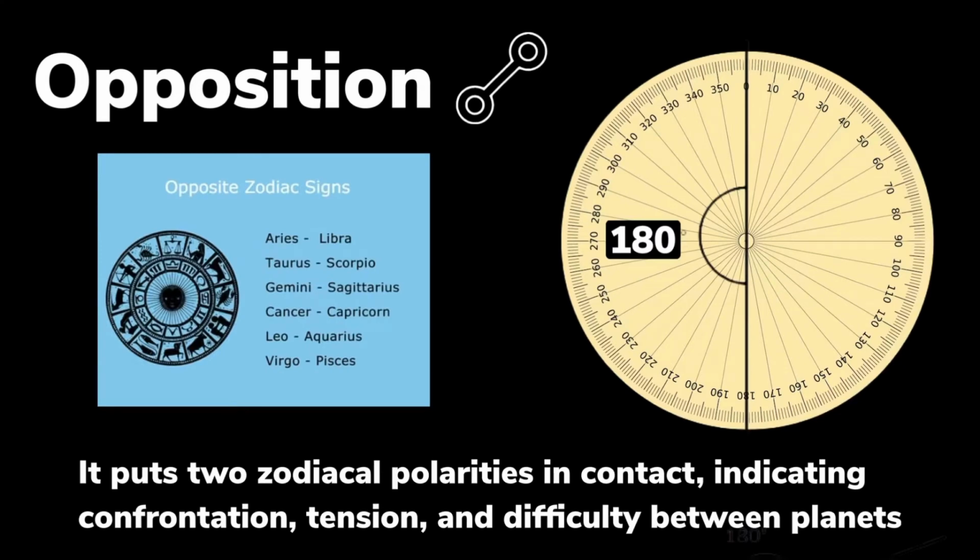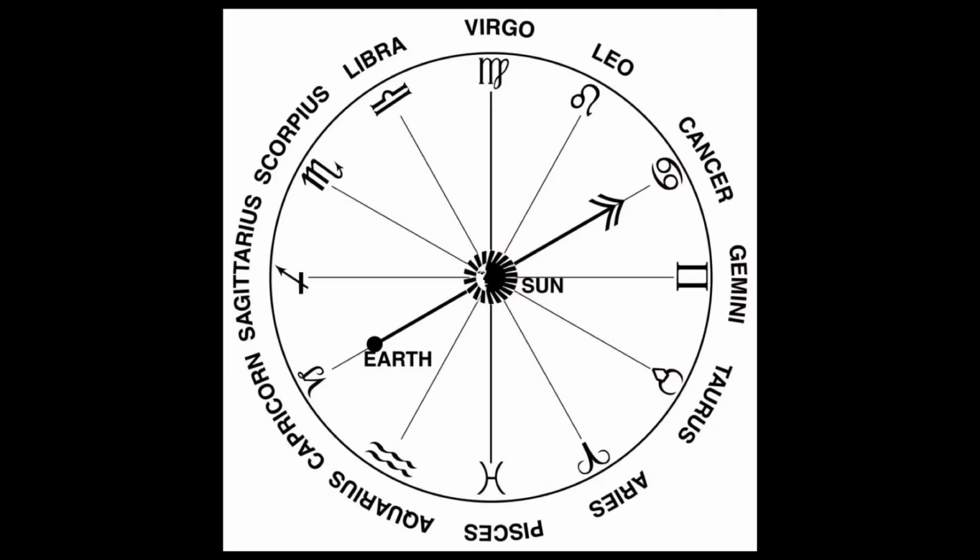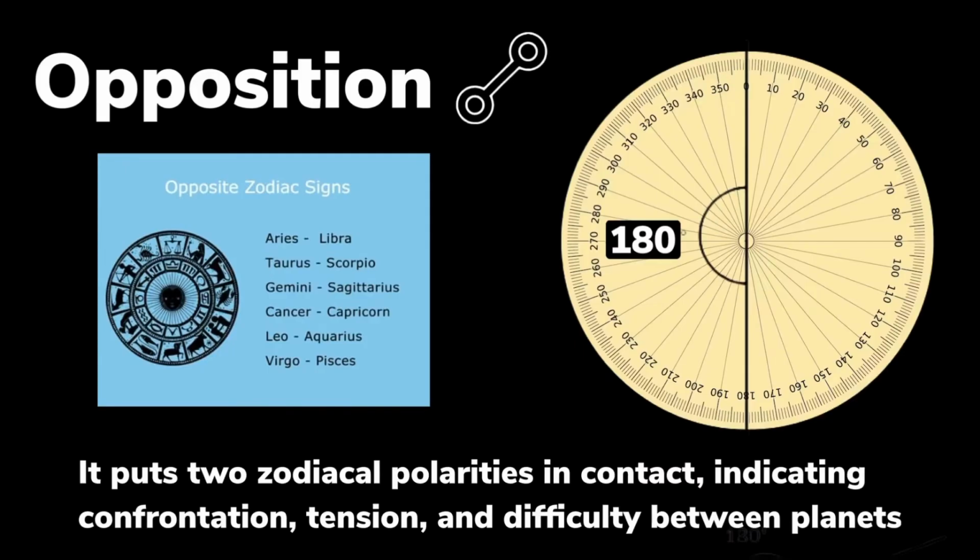Opposition is when 2 planets are at 180 degrees from each other. If you're looking at the zodiac wheel, that means the signs that these 2 planets are in are on the complete opposite sides of the zodiac wheel. These signs are literally opposites of each other.